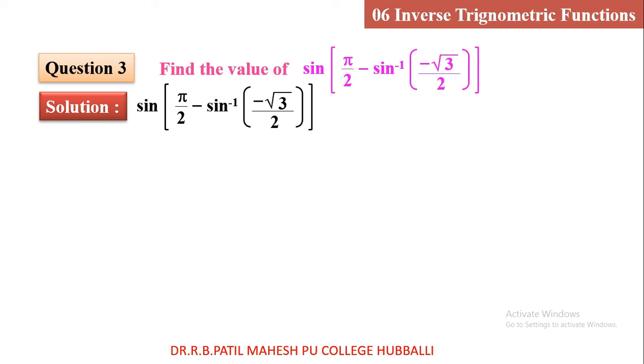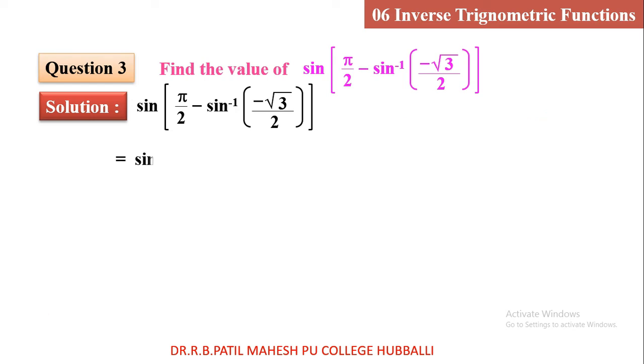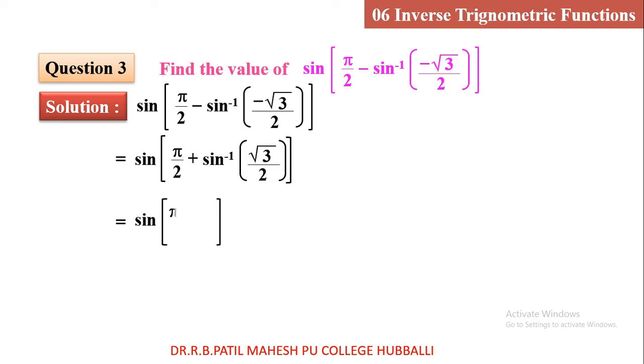Here also I am going to use the same property of sine inverse negative, that is sine inverse of minus x is equal to minus sine inverse x, so that you are going to have the next step easily, that is sine of pi by 2 plus sine inverse root 3 by 2. Remember the value of sine inverse root 3 by 2, that is pi by 3. So sine of pi by 2 plus pi by 3.